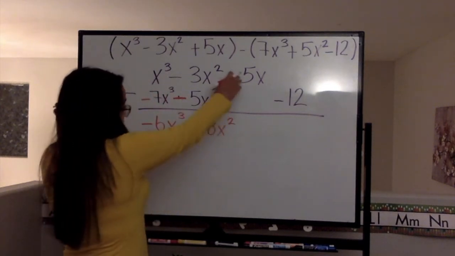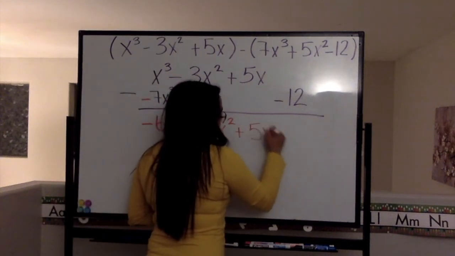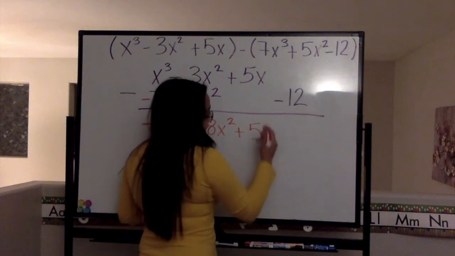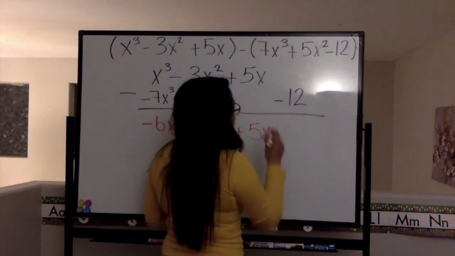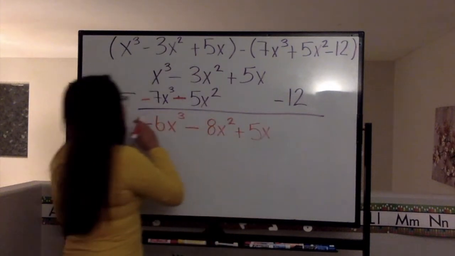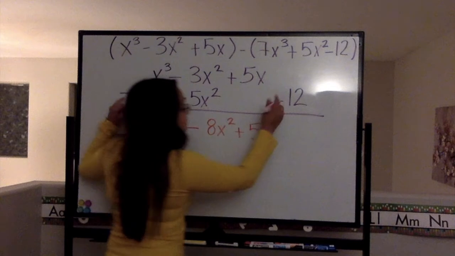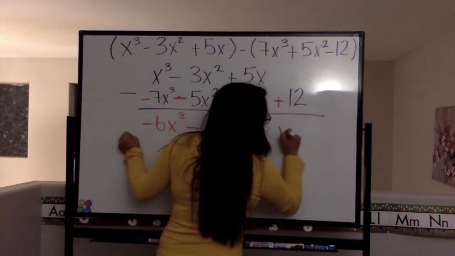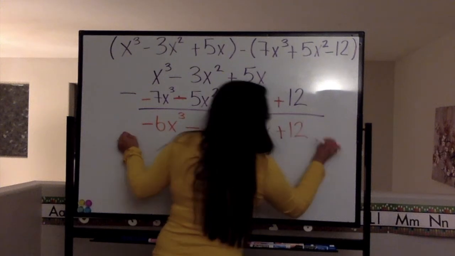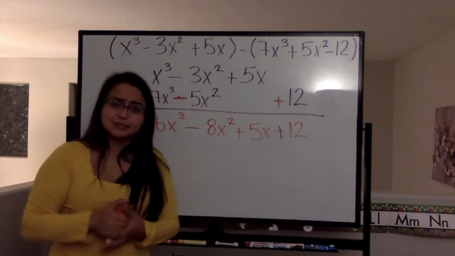Now we move this down because there is a 0 right there, and obviously 5x minus 0 is 0, and the same thing with 12, but remember our signs, we have a negative, and this is a negative, so this becomes a positive. So we bring down a positive 12. Okay? Did that make sense to everybody?